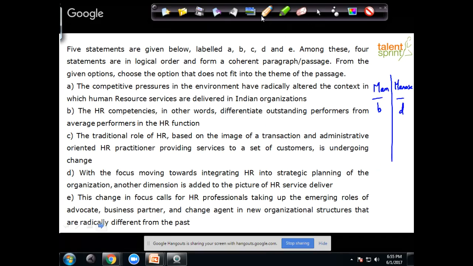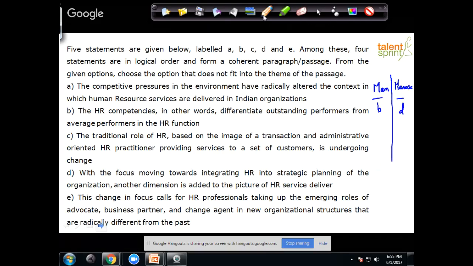Now, I want you to pay attention to one thing. I felt B followed by C and D, with B initiating the context. Now, let's look at this closely. I want you to remember what Pratibha said: in all the other statements except B, we are talking about HR services. If you look at A, I will give you a clue.